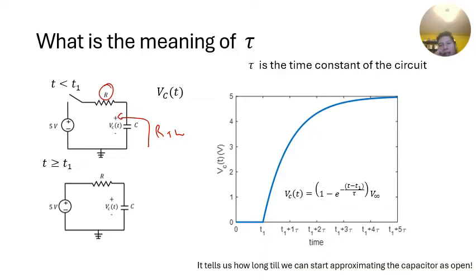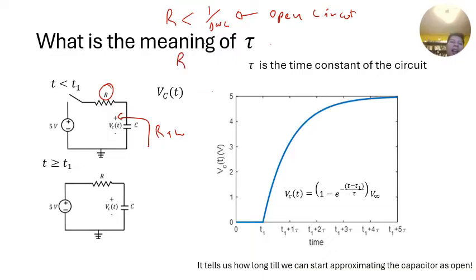And then we're going to say, if the impedance associated with the capacitor, 1 over j omega c, is greater than R, then it's humongous, and so we can treat the capacitor as an open circuit.